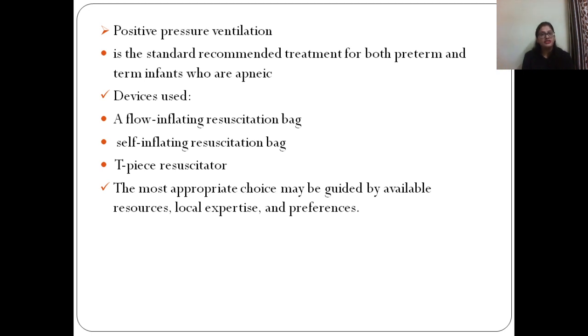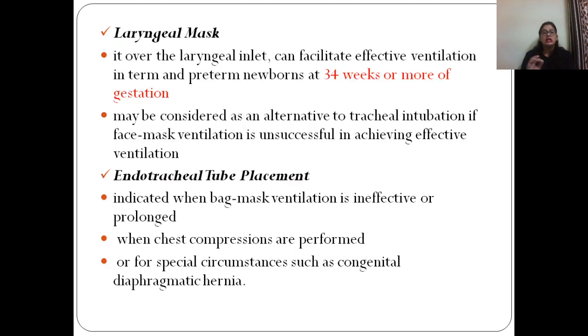Once you have seen that the mask is correct, the seal is correct, the mouth is open, the child's neck is in sniffing position, the airway is in line, you have increased pressure and seen, and still the child is not improving, then you can go to the alternative route for providing positive pressure ventilation, and that is doing an endotracheal intubation or using a laryngeal mask airway.